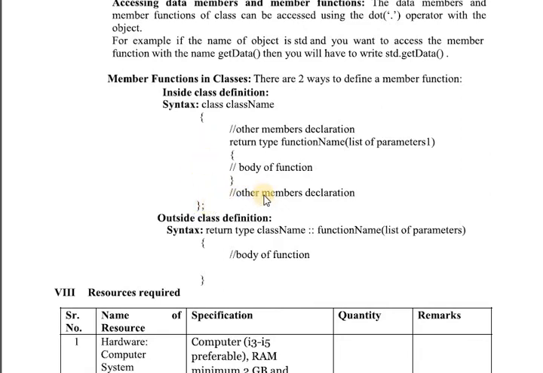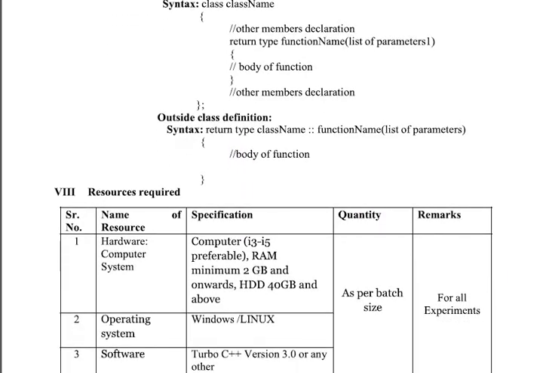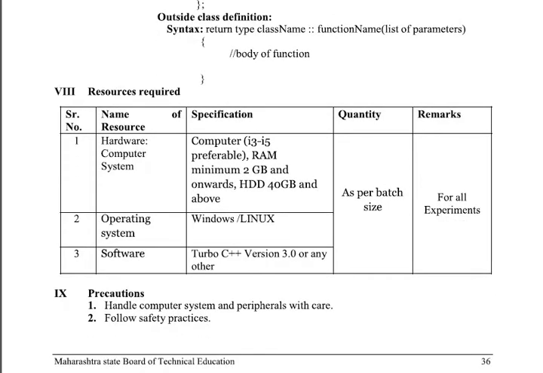If we want to define the function outside the class, then the syntax is: return type, class name, then the scope resolution operator, that is two colons, then the function name and, in brackets, the list of parameters. After that, in the opening and closing curly brackets, we write the body of the function. This is the minimum requirement for this practical.